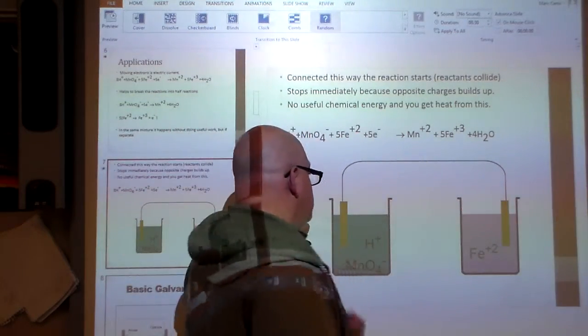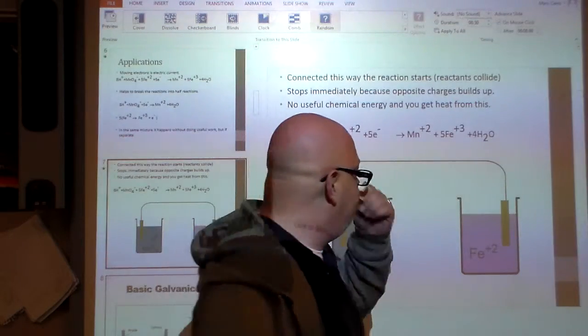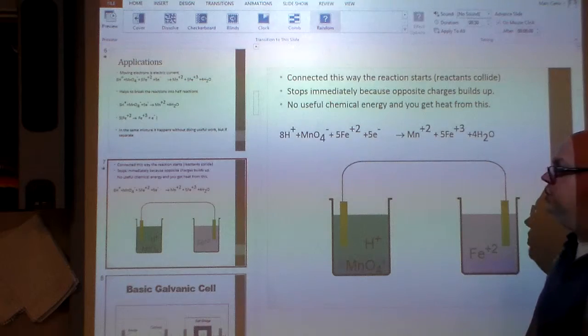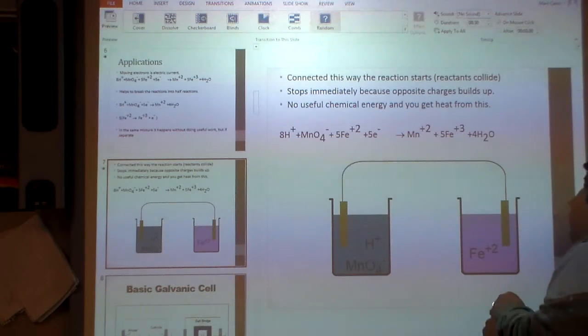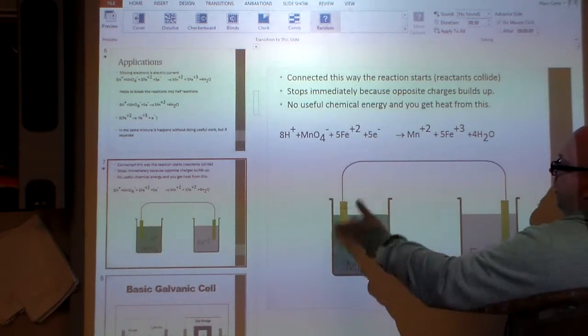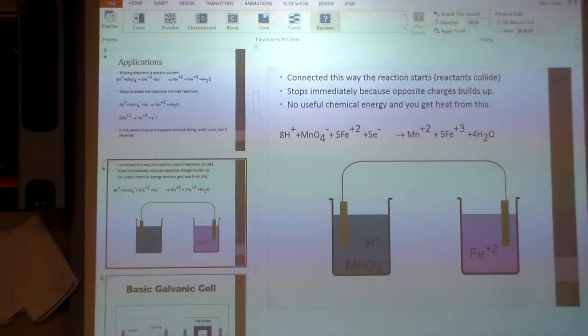So what happens? Let's say we've got two beakers, and we put in an anode and a cathode. We'll get to that in just a moment. In one situation, we have iron in a solution, and here we have hydrogen and MnO4, manganese oxide, in another solution.